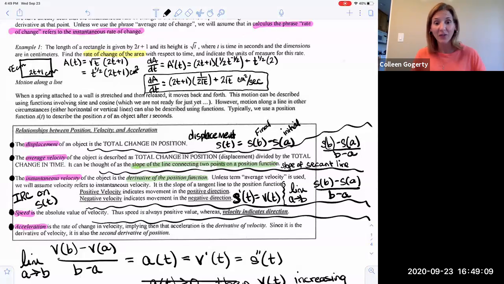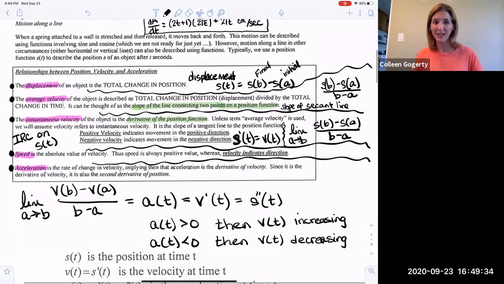So positive velocity means that we're moving in a positive direction. Say right is a positive direction, up is a positive direction. Negative velocity indicates we have movement, but in a negative direction. So negative directions would be down and left. A little bit more on this in just a few minutes, okay? So let's go to the next idea.